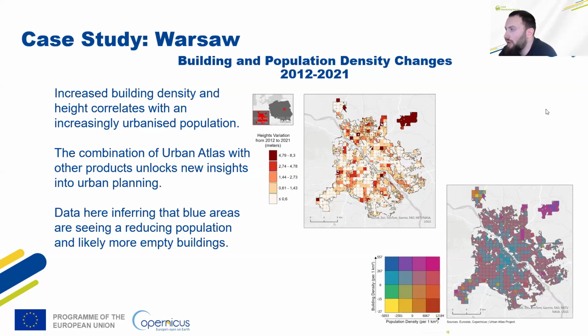In this case, it is clear that we can see a correlation between an increase of the density of the buildings and the population in general of the city, correlated with the southwestern part of the first image, where you can see that the height variation has increased in these 9 years, and the northwestern part that also has an increase in height variation correlated with an increase in the building density and the population.